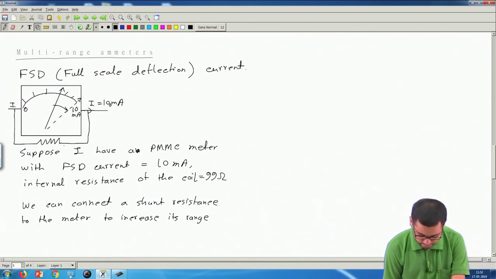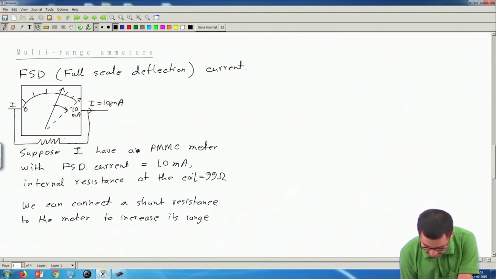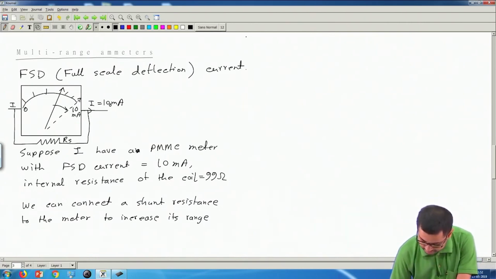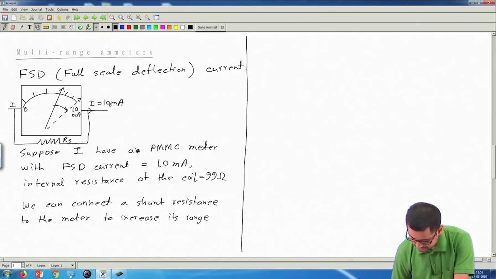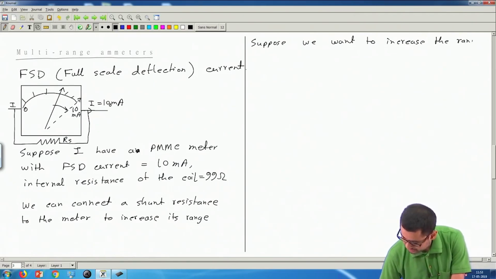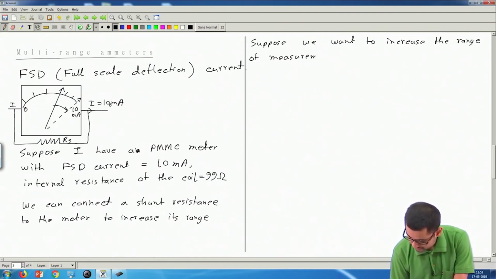Now, what should be the value of this shunt resistance or this parallel resistance? If I call this Rs, what should be the value of Rs? Suppose we want to increase the range of measurement to 0 to 100 milliampere.